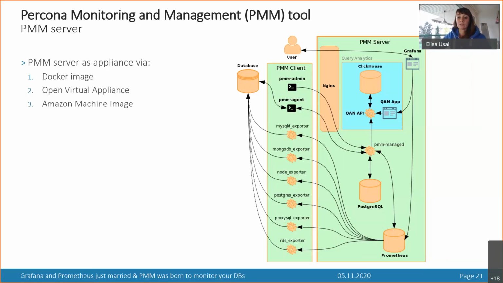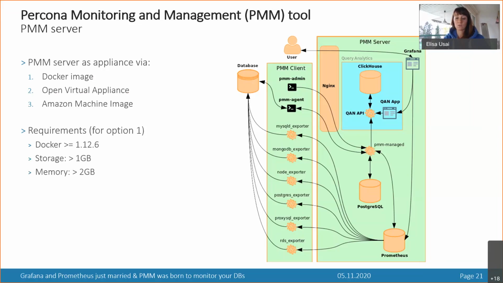Then how to install it? We will see in our demo that you have the possibility to use Docker to install the server, or you can install it via the open virtual appliance given by Percona, or through the Amazon machine image. The requirements for the first option, under Docker, which is what we will see in my demo, is a specific version of Docker.